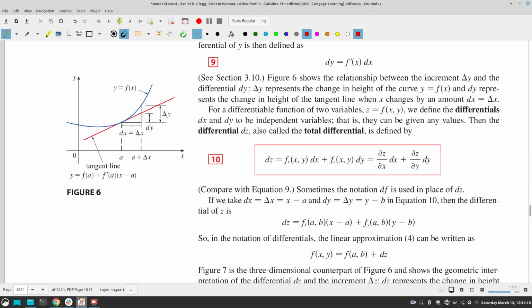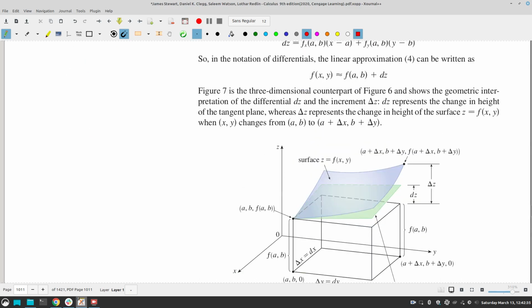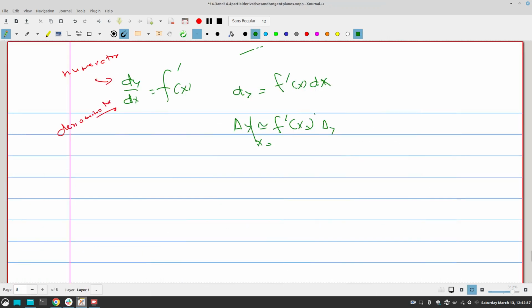Now my question is, how much would z change if x changed by dx and y changed by dy? So the total differential is defined as follows.